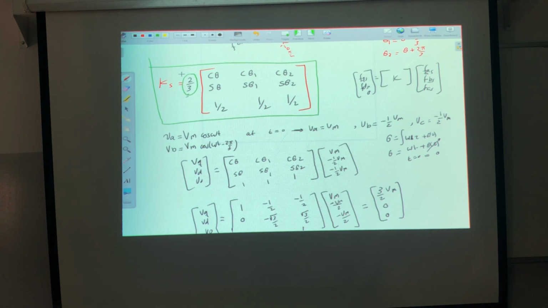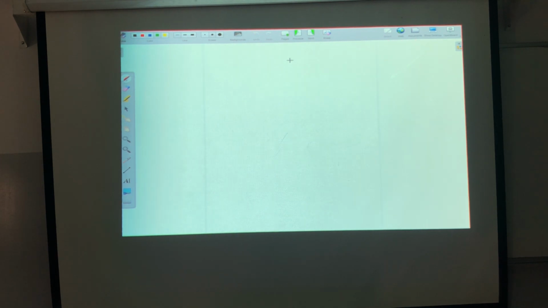So now I need to find the inverse of the transformation, and the inverse for a 3 by 3 matrix is not a big problem actually. The determinant, I don't need it, I have it. And this is very simple by the way. It's cosine theta, sine theta, and here is 1.